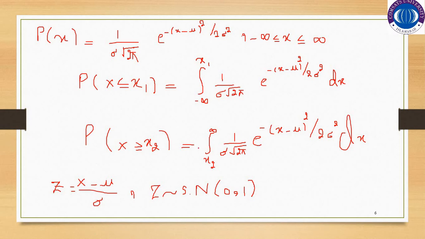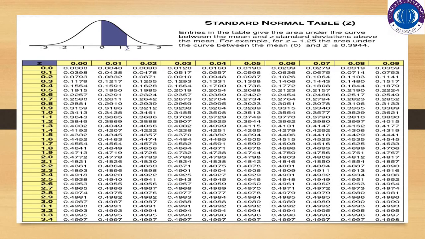Now we have this new random variable z, and we have this distribution, the standard normal distribution. If we concentrate on this table, these are the values for the random variable z, and the body of the table represents the probabilities calculated on the particular value of the random variable z.